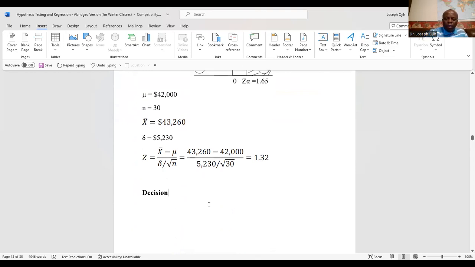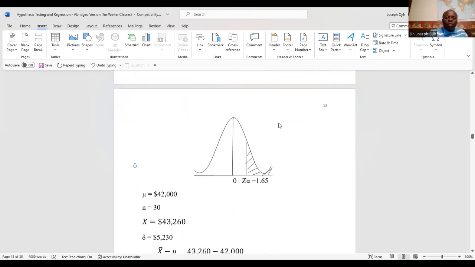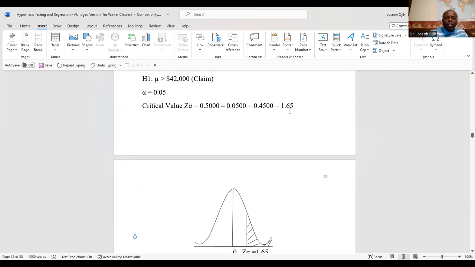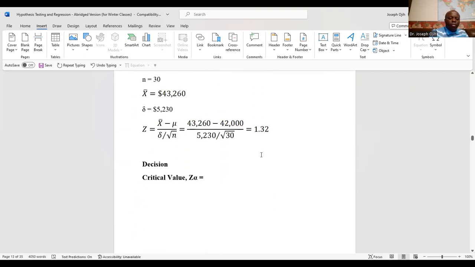We have that our critical value, Z alpha, is 1.65. Right, 1.65.